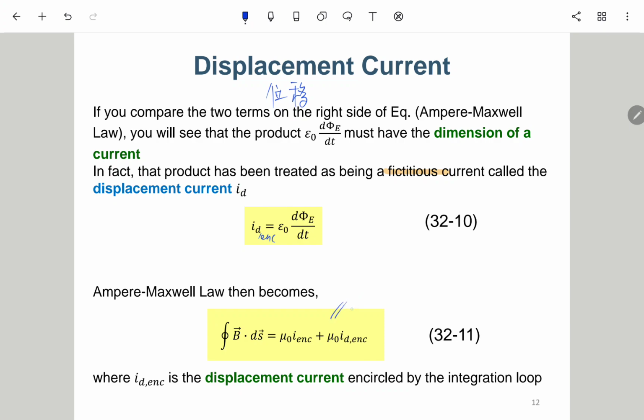Or you can just write it as mu naught times I enclosed plus I_D enclosed. So what is this fictitious current? Simply put, it is the current of a capacitor. The current of a capacitor.